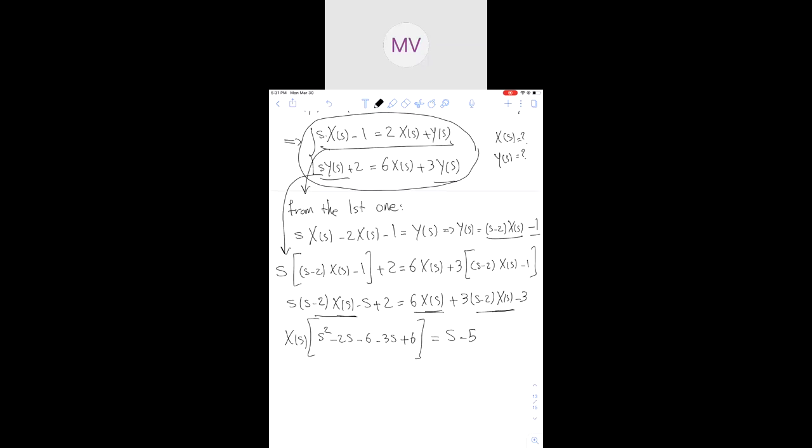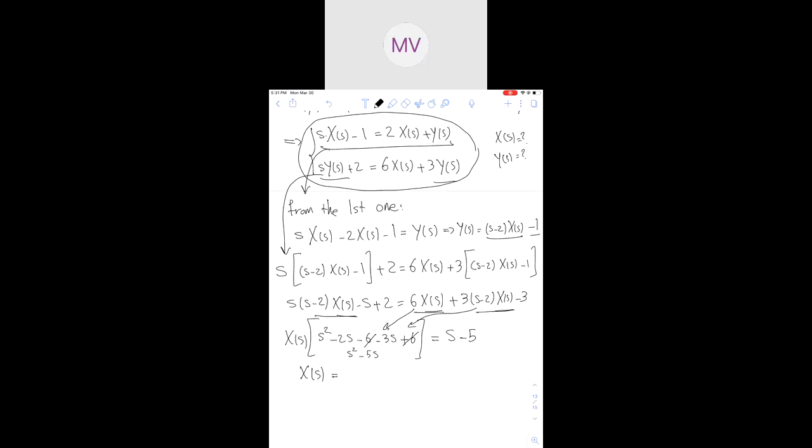At the same time, it distributes, so it's going to be s squared minus 2s. Negative 6 is coming from here. And then these two together make those two terms with the opposite signs. So it's going to be x of s equals, let's simplify here. These two cancel, so we get s squared minus 5s.